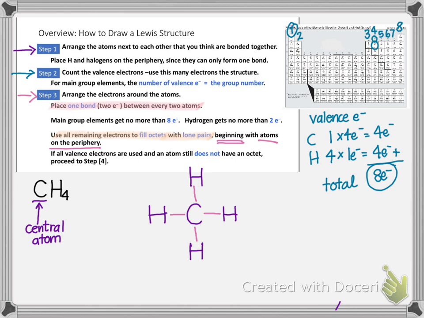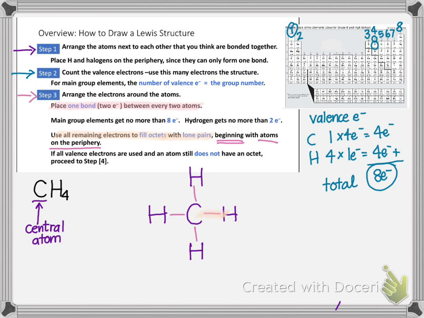So let me go back to this step. I placed my single bonds. Now I'm going to count how many electrons that took to see if I have anything left over. I count what I put: 2, 4, 6, 8. Each single line is 2 electrons.